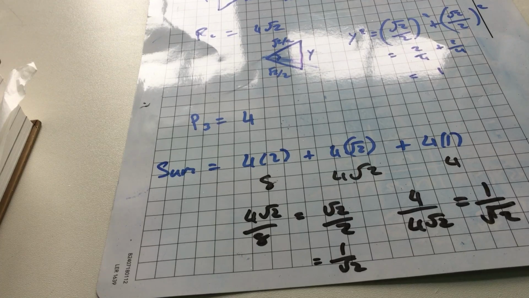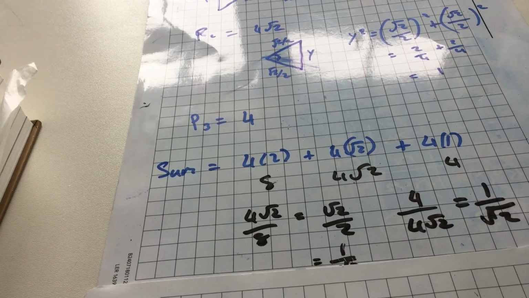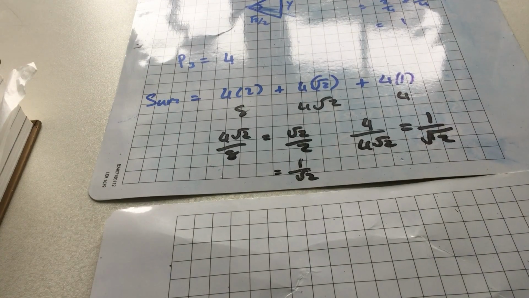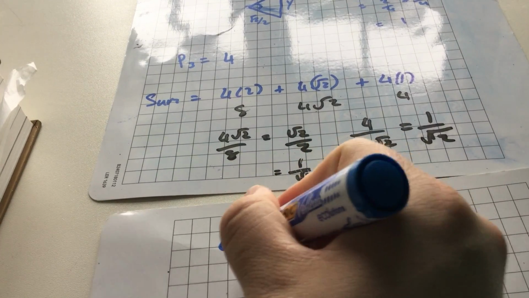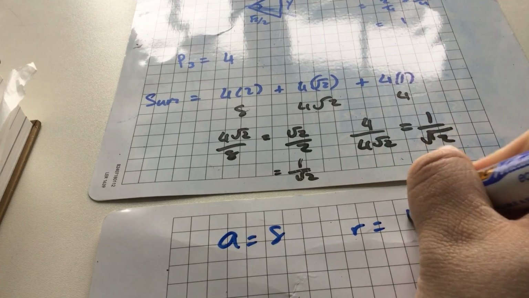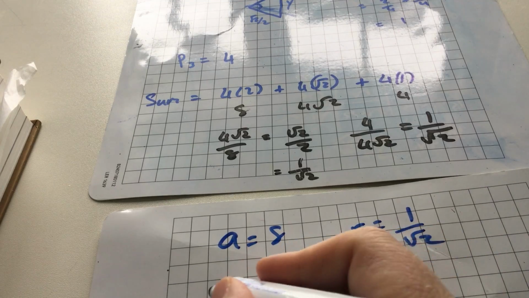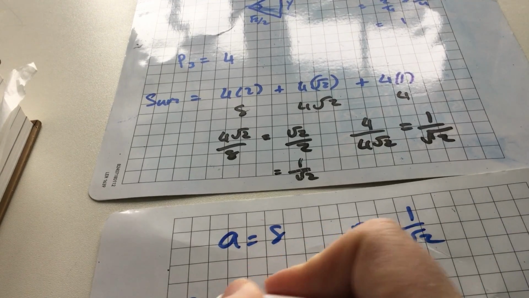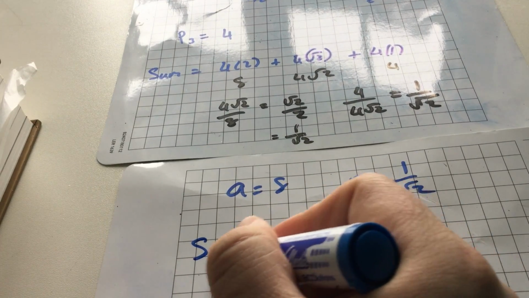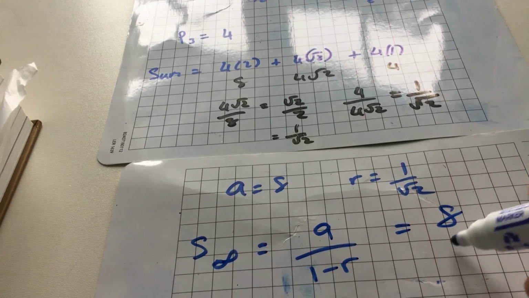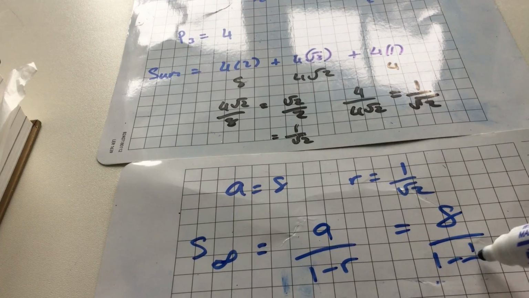So I now have a series where A is 8 and r is 1 over root 2 or root 2 over 2, whatever you want to use. So S to infinity is A over 1 minus r. So 8 over 1 minus 1 over root 2.